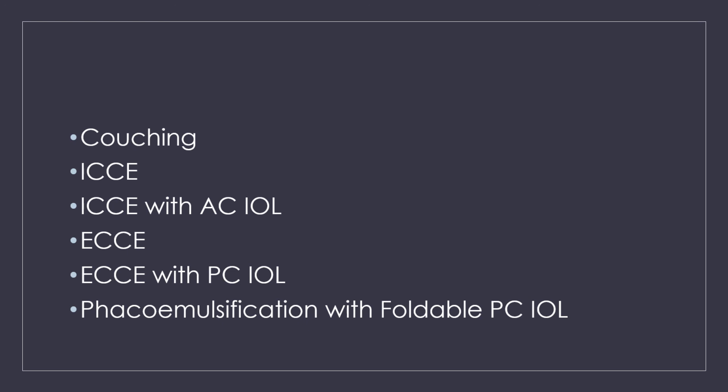ECCE means extracapsular cataract extraction, and in this procedure capsulotomy is done, or a hole is made in the anterior capsule, and through this hole the nucleus is delivered out of the eye and the rest of the cortex is aspirated by a two-way cannula. So in the end there is a barrier between the vitreous and the anterior chamber, that is, the capsular bag remains.